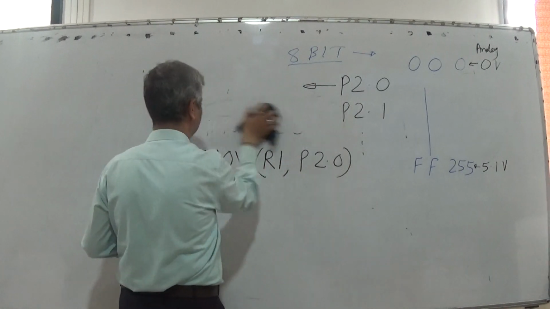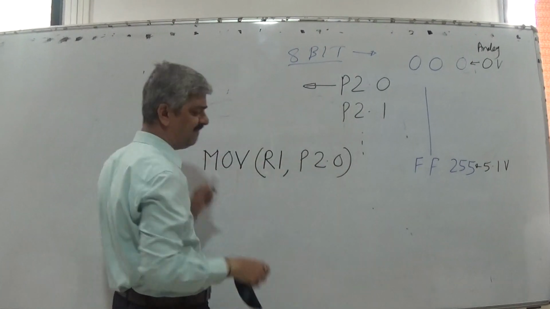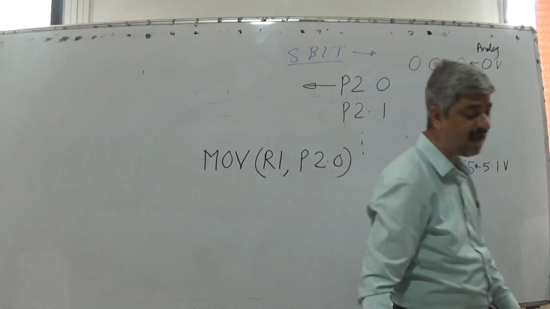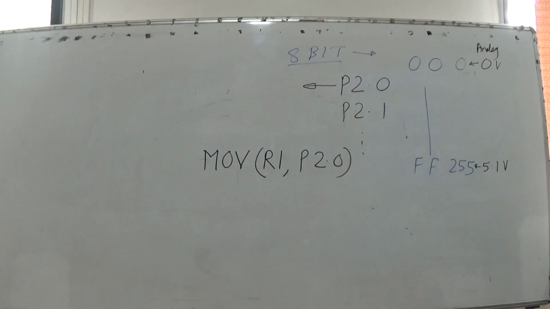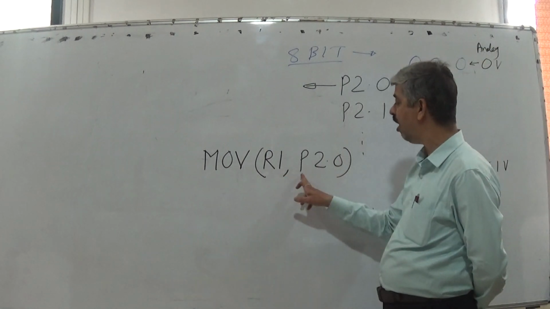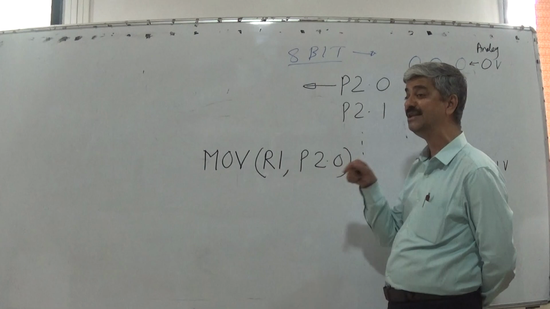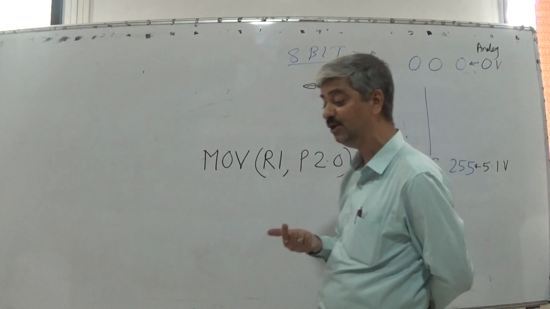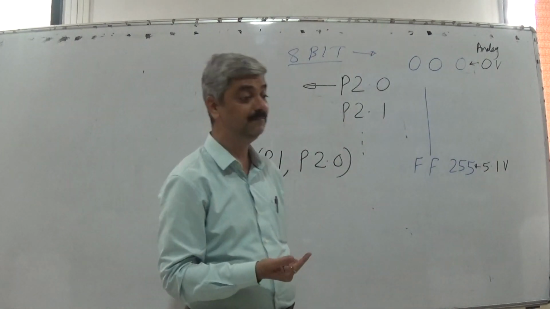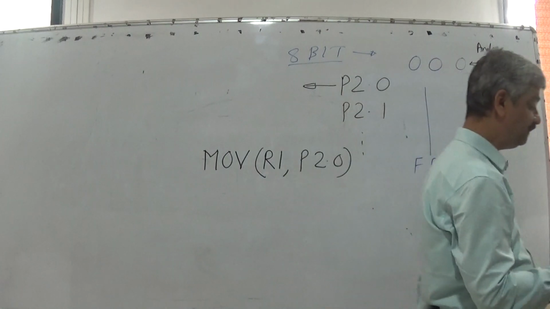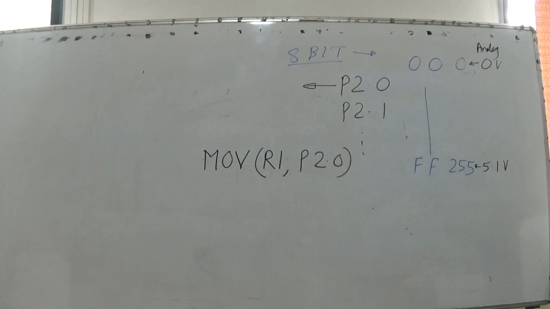This instruction is one example. What is R1? R1 is an 8-bit register, bit number 0 to bit number 7. Then move R1, P2.0 means what? But what is 2.0? 2.0 is a single pin. It is an input pin, but it is an analog input pin.